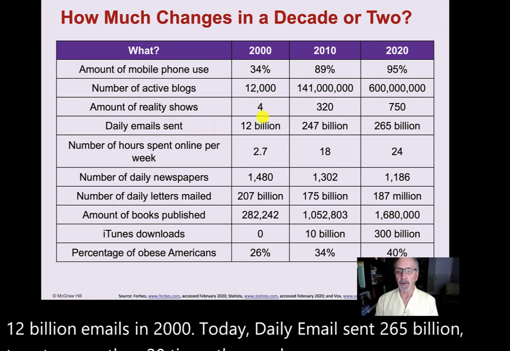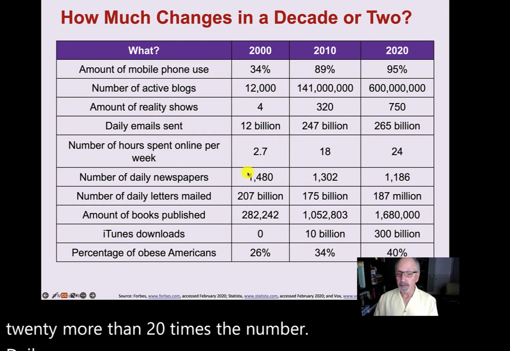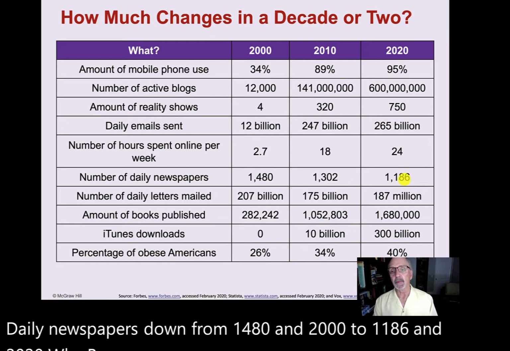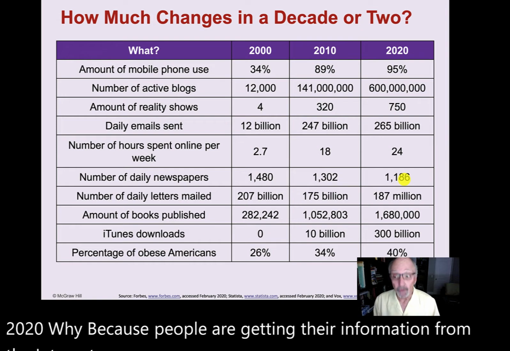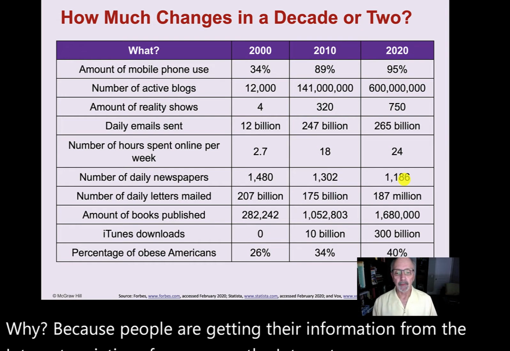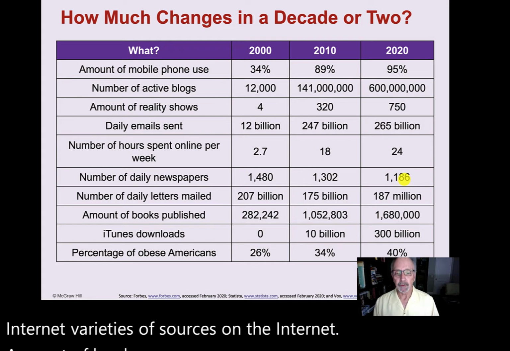Daily newspapers down from 1480 in 2000 to 1186 in 2020. Why? Because people are getting their information from a variety of sources on the internet. Amount of books published, 282,000 in 2000, 1,680,000.